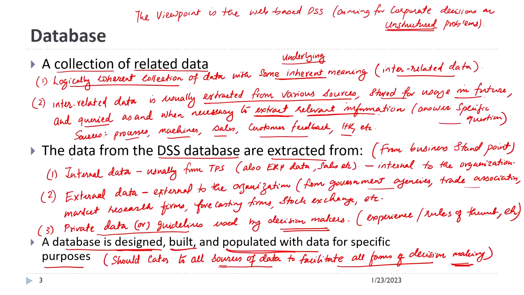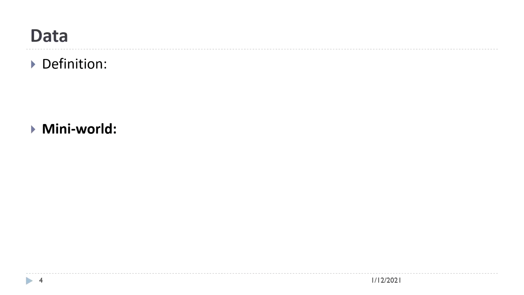With the database covered, let us move to what is data. There are so many definitions of data, but we study this from the decision support system viewpoint. So, what is data?